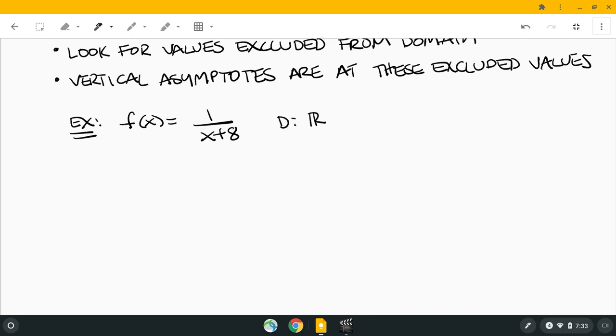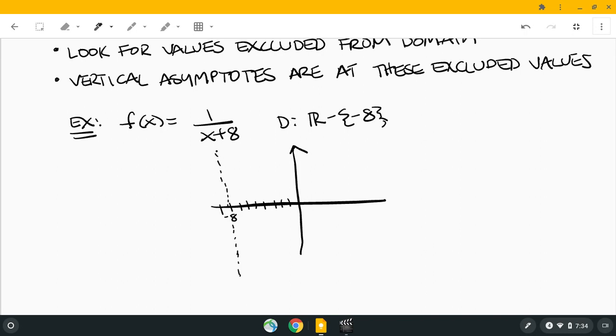Domain is all real numbers except for -8. So here at -8 is where you're going to have this sort of invisible vertical wall. Over here, 1, 2, 3, 4, 5, 6, 7, 8. Right here, this is at -8. You're going to have this invisible wall. And that's about as much as you'll need to figure out.